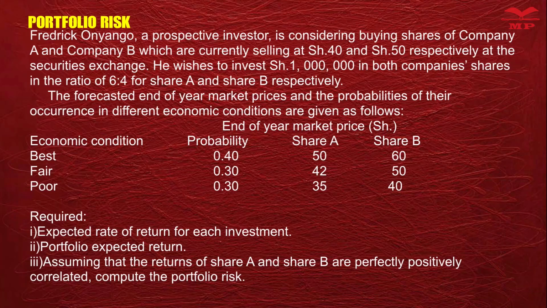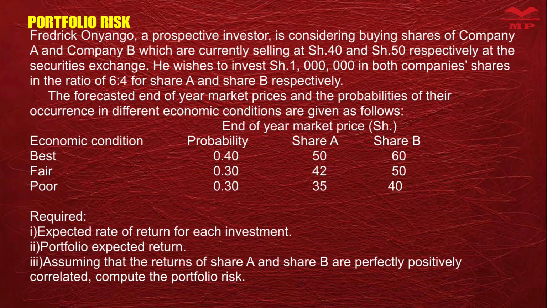Required: the expected rate of return for each investment. The question is expected rate of return. A rate of return is a percentage, and these are the tricks the examiner plays on candidates.